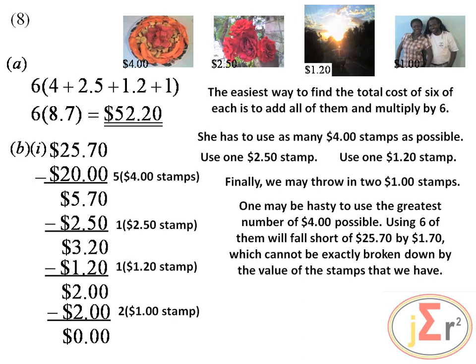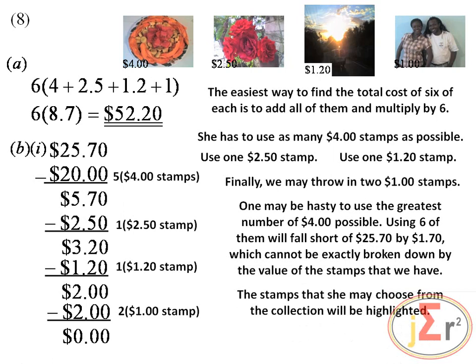So if we subtract $24 from $25.70, we will have $1.70 left. And the $1.70 will not be able to be broken down by the value of the stamps that we have. So we could not have used 6 $4 stamps.